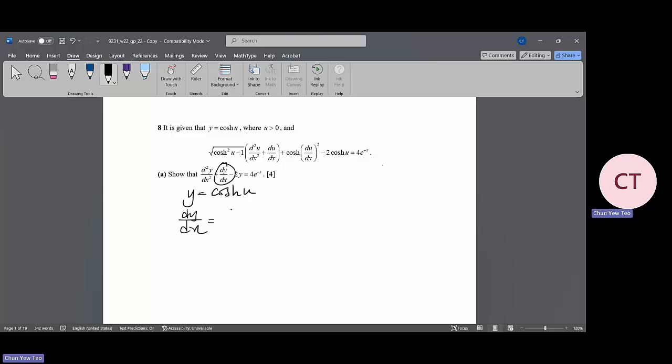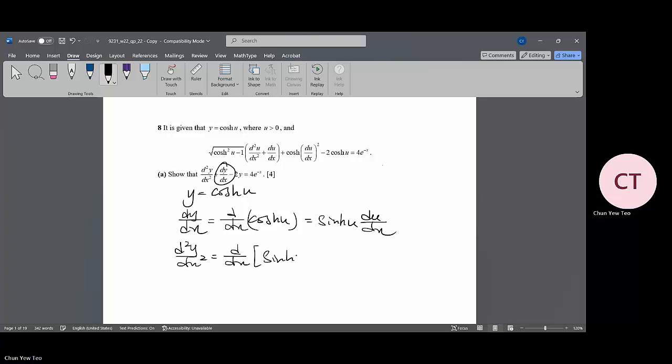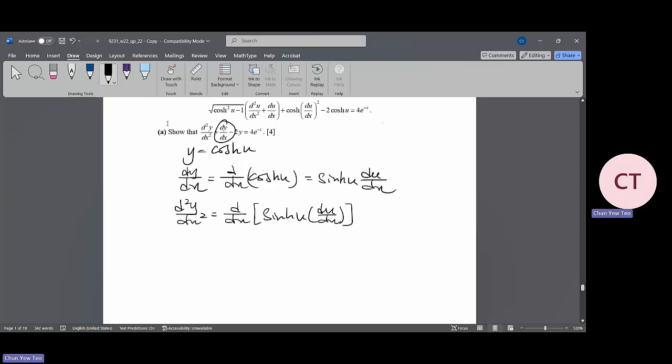dy over dx means you differentiate this with respect to x. It will give you sine u du over dx. Okay, so start from here. We want to find the second order, d squared y over dx squared. That means you differentiate this again.